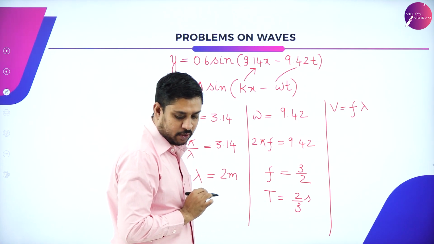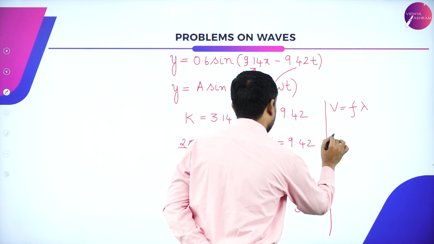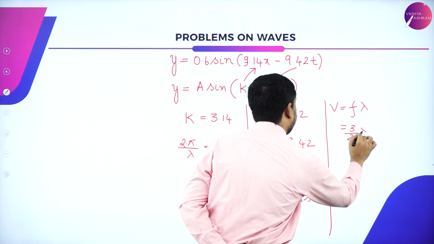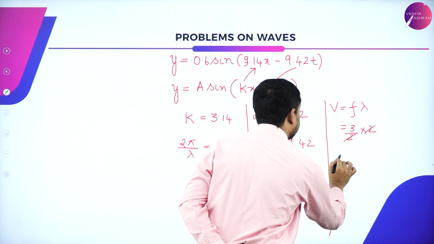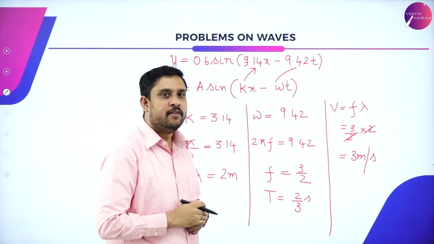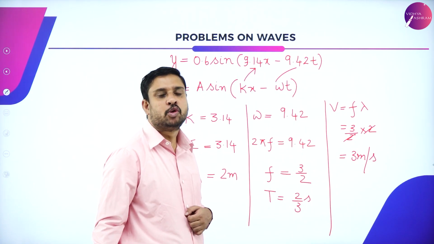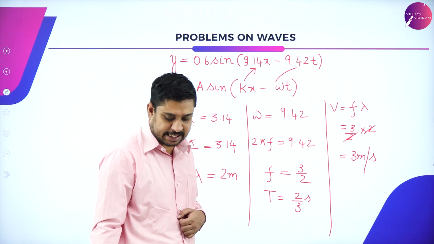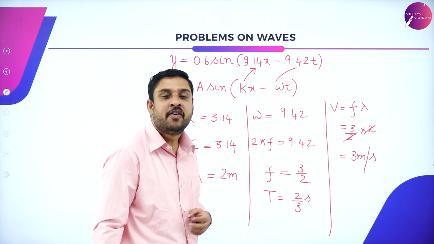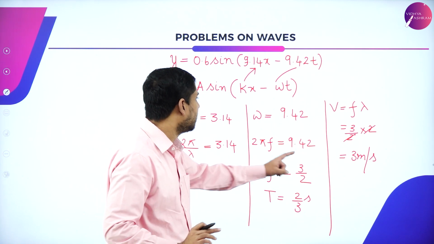So on calculation, f is 3 by 2 into 2, which is 3 meter per second. I will also have to calculate the distance traveled by the wave in a time interval of 5 seconds.